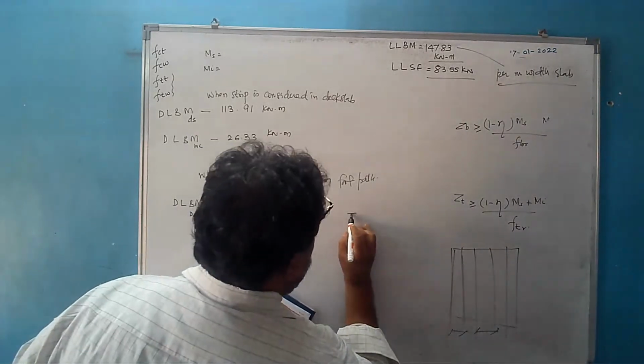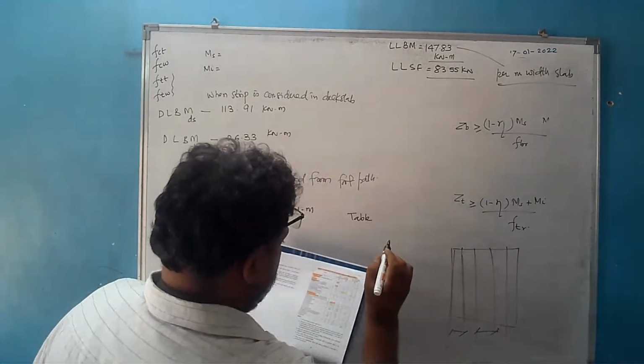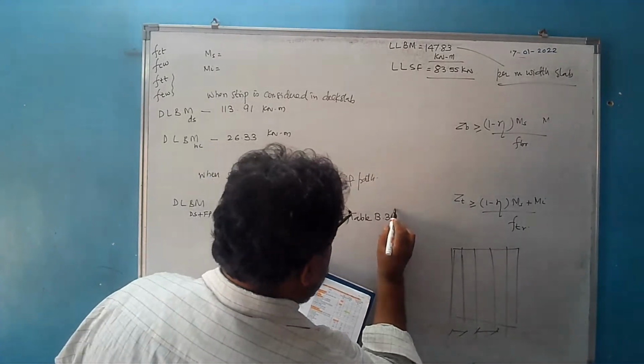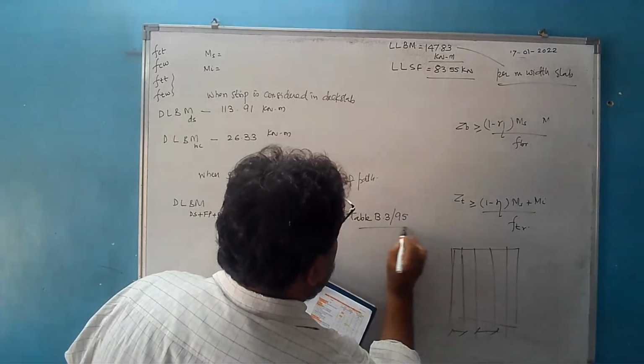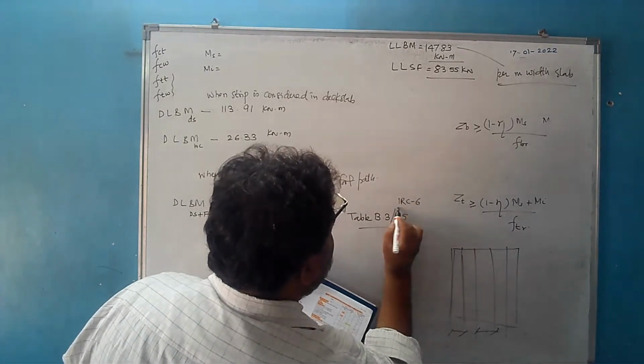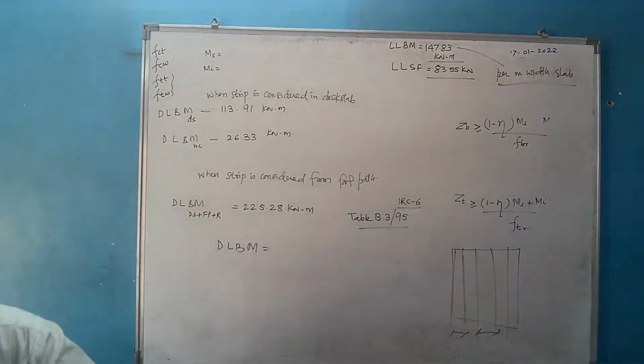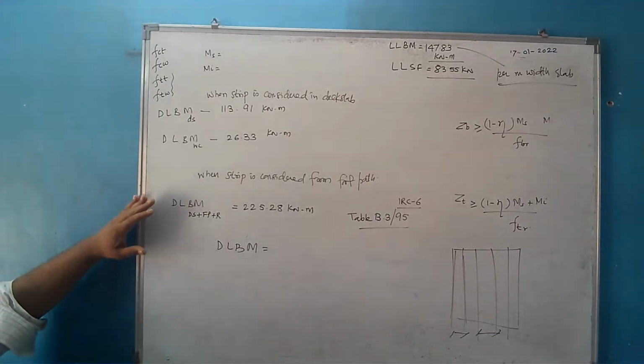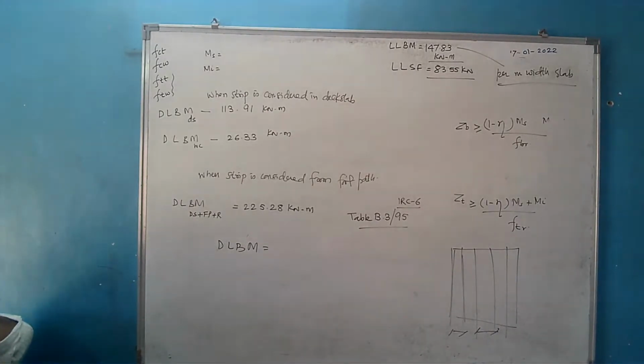It is table B3 on page number 95 of IRC 6. क्या लिखा है इस टेबल में? Partial safety factor for verification of serviceability limit state. So what we are talking here is about the limit state of serviceability.